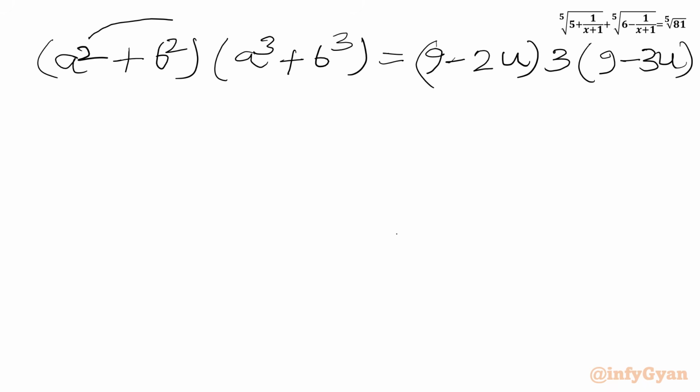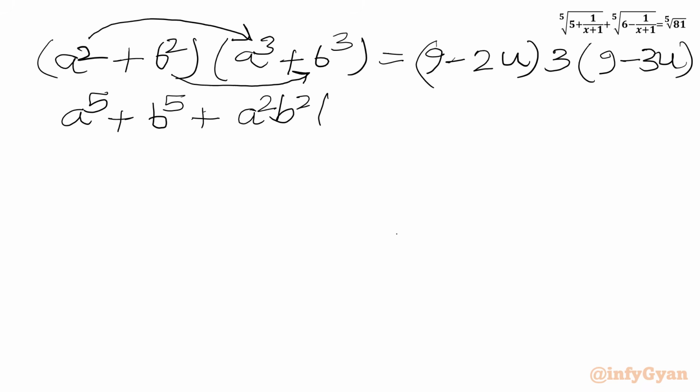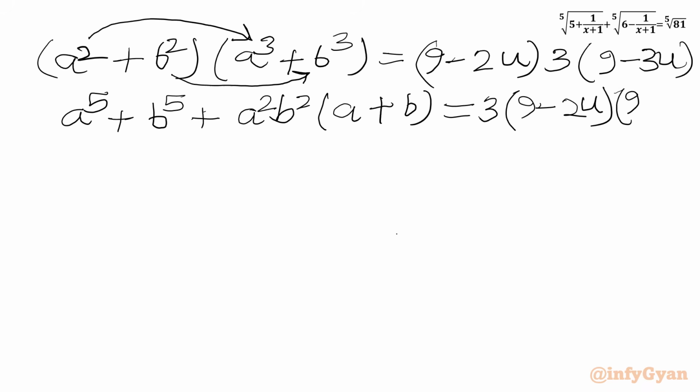Now we will multiply a square with a cube and we can write a power 5, b square with b cube, b power 5. Cross product will become b square a cube and a square b cube. From there we will take a square b square common, so in the bracket there would be a plus b. On the RHS we can write 3 times 9 minus 2u times 9 minus 3u.